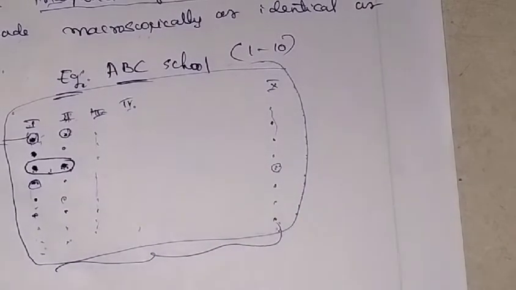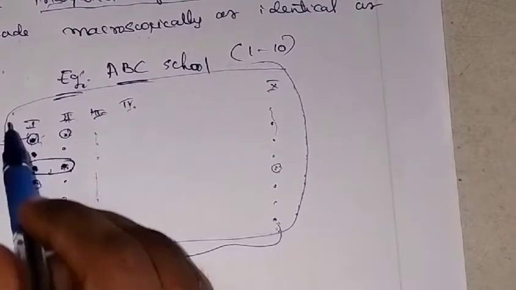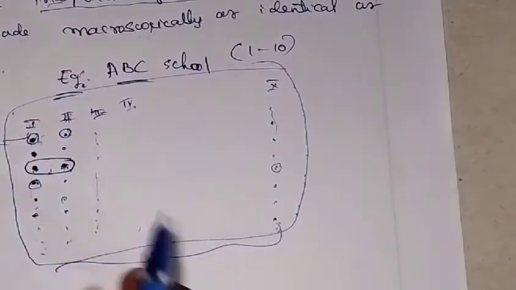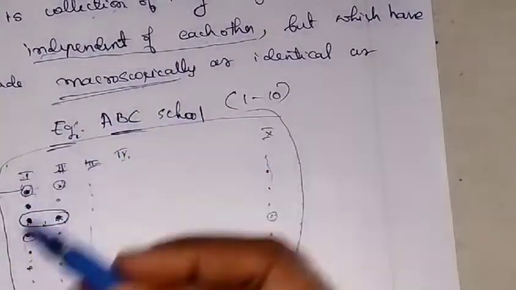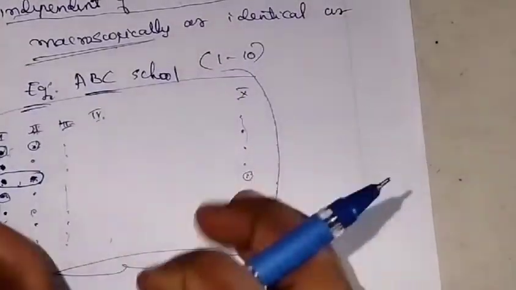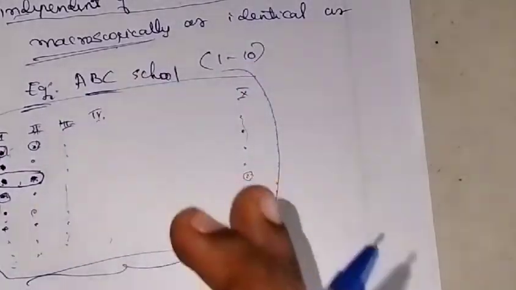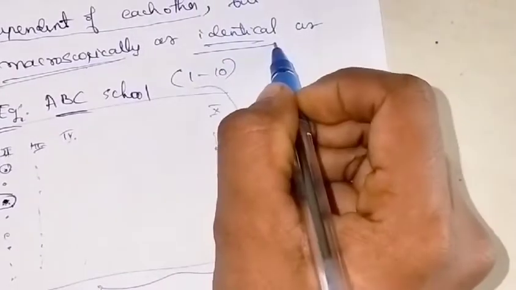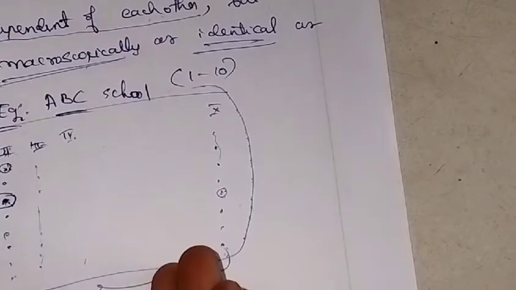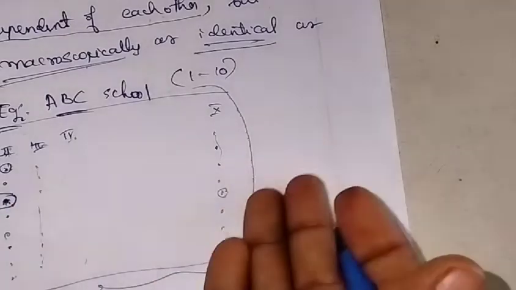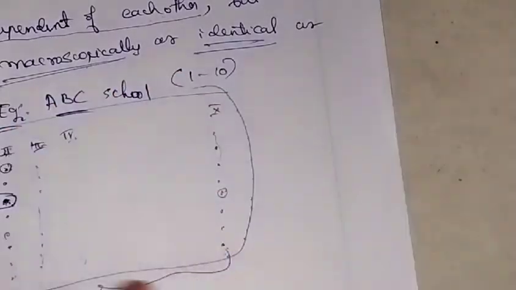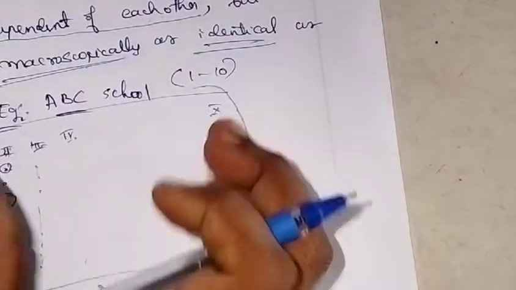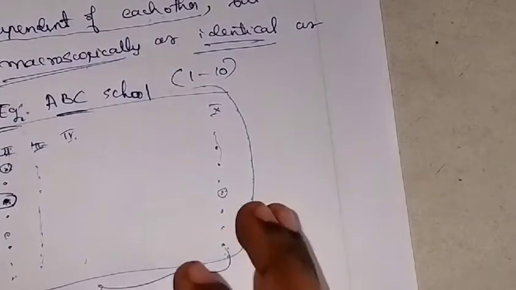Whether first standard or 10th standard, they are all students. That means whenever you see in the bulk, or on the macroscopic scale, macroscopic means bulk, larger quantity, they are identical, right? They are nothing but students only. Whether they are from first year or 10th standard, they are students only. That means if you consider in the macroscopic or bulk, they are the same.